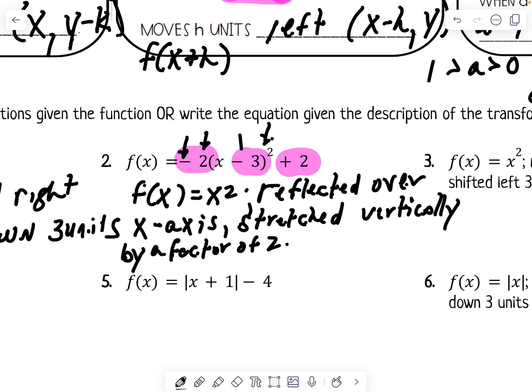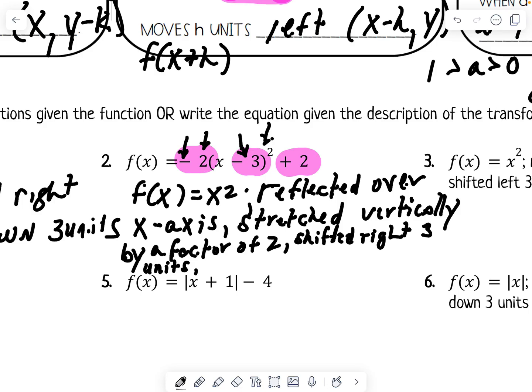Wonderful. What's next? Well, let's do our H. Well, it's -3, so we have to think of that as +3. So I know that I shifted right 3 units. Okay?